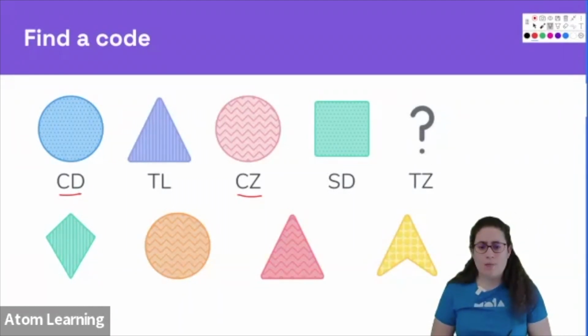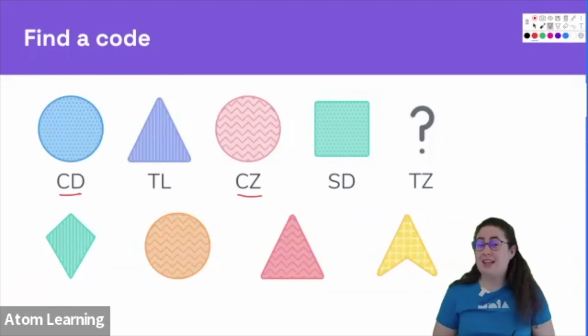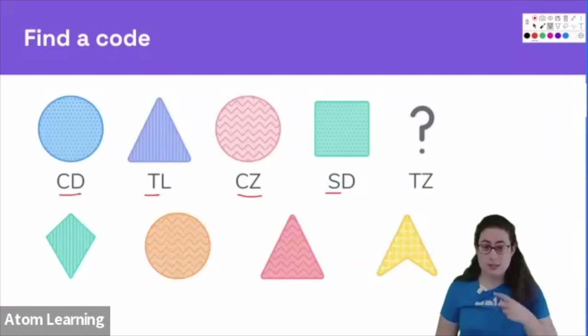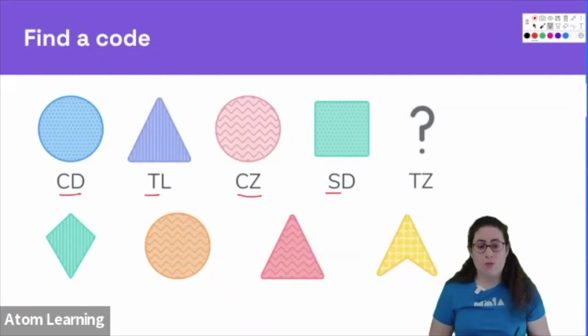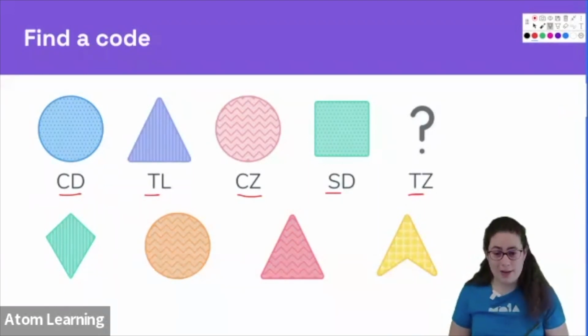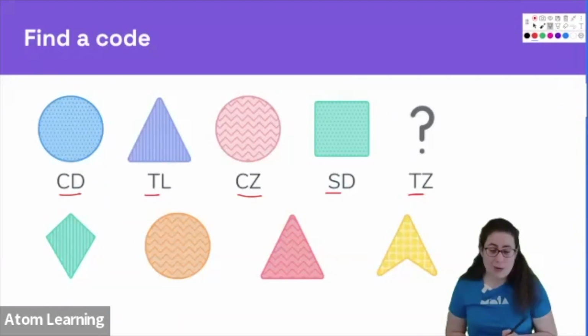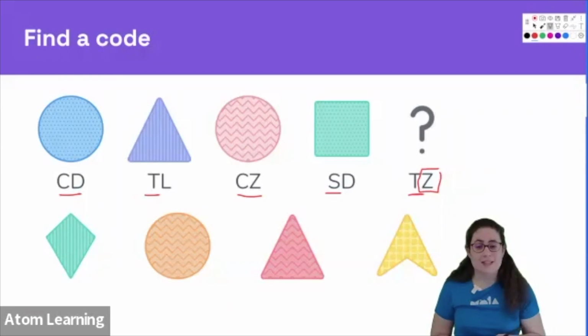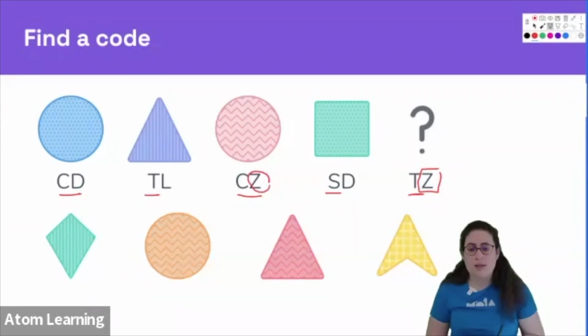So what else can we find? Now that we know that C stands for circle, we can maybe guess that T stands for triangle and S stands for square. That would make a lot of sense, right? Since that matches the images. So we're looking for a code that starts with T, so we're looking for a triangle. So we can already maybe tell what the correct answer is, but let's look at the second half of the code. The second half of the code for the image we're looking for is Z, which is the same as this image.